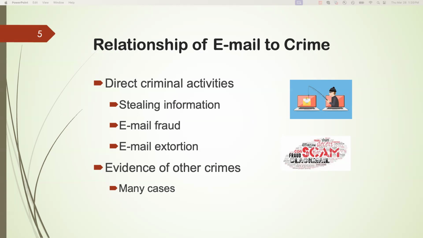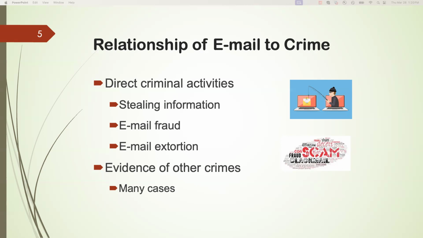Emails can also be investigated as part of evidence of some other crime. For example, if somebody is running a drug racket and doing their communication using emails, then in those cases we can look at the email artifacts on the system, and they might give us hints of other crimes, for example drug sales, or child pornography exchanges or sales, and so on.